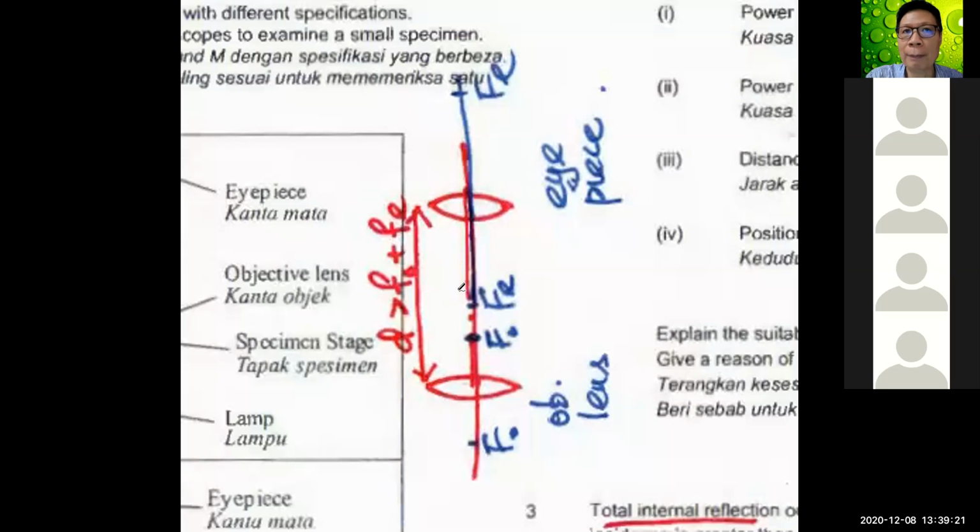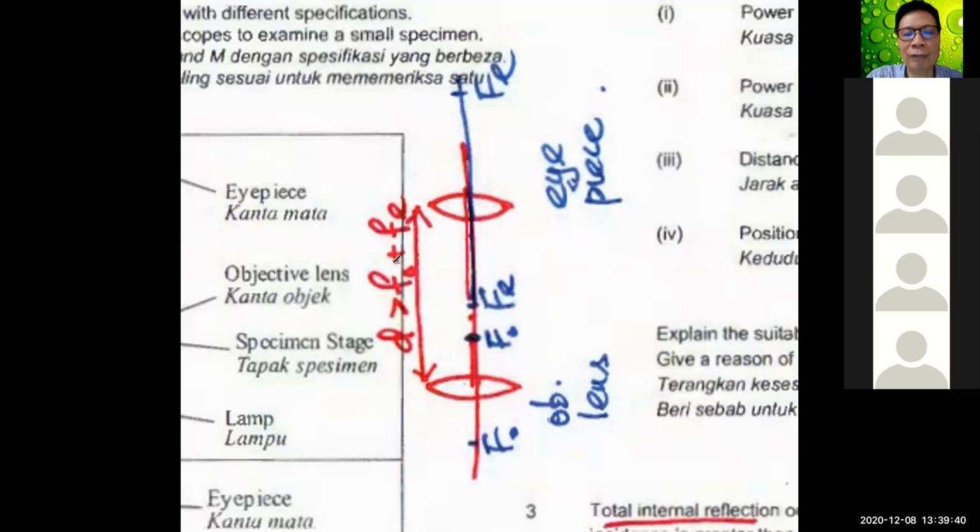It's different. Remember, for the microscope there's a gap here. For the telescope, there's no gap, FO and FE are at the same point. And this will make the distance between the 2 lenses, the objective lens and the eyepiece, much bigger than FO plus FE.